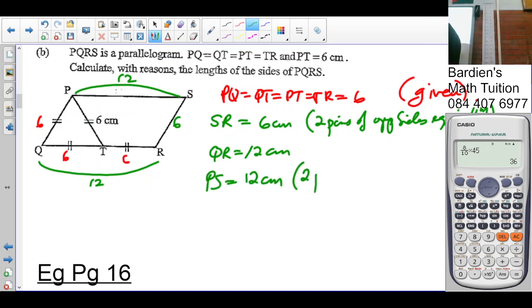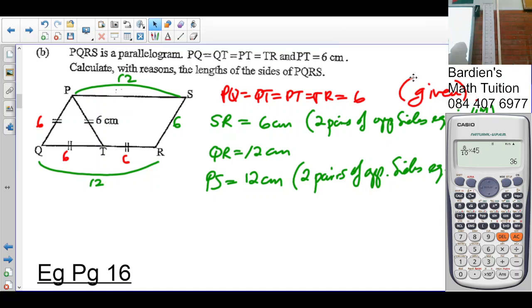Two pairs of opposite sides equal in a parallelogram. And there we have named all the sides, so they gave the length of all the sides of the parallelogram. Alright, does it make sense? Any confusion? No?